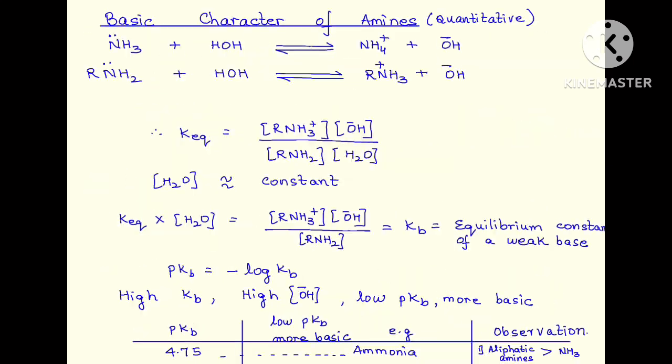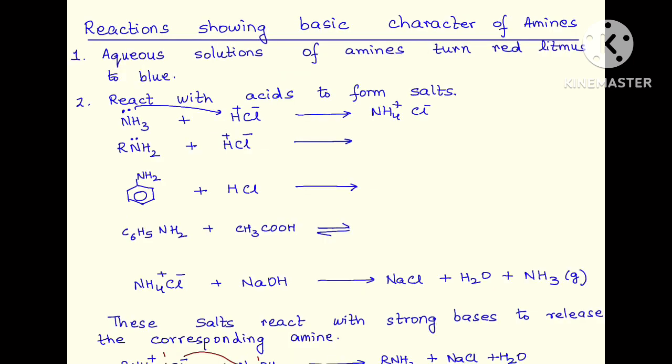Now that we've spoken about the basic character of amines, let us see what basic properties are shown by amines. First and foremost, they turn red litmus to blue in an aqueous solution. Next, all basic compounds react with acids to form salts. So we've taken the example of ammonia here.